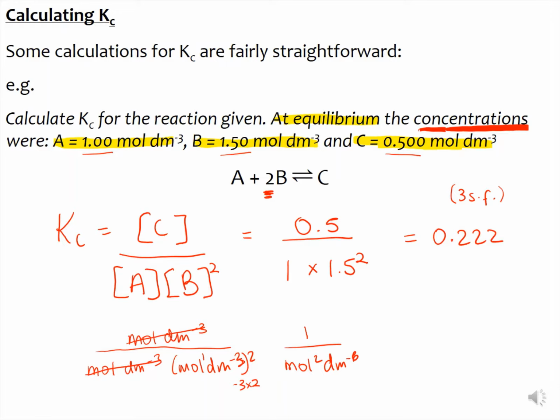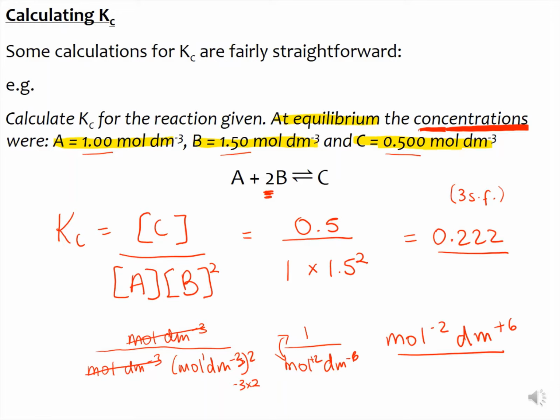And as we looked at in the previous video, to get rid of this fraction, we invert these values and we invert the power, we invert the indices as well. So the moles plus 2 becomes moles minus 2, and the dm minus 6 becomes dm plus 6, and that's the unit. So the answer here would be 0.222 moles minus 2 dm plus 6.